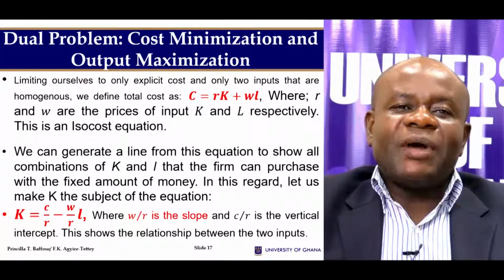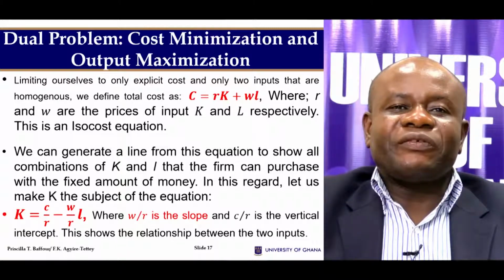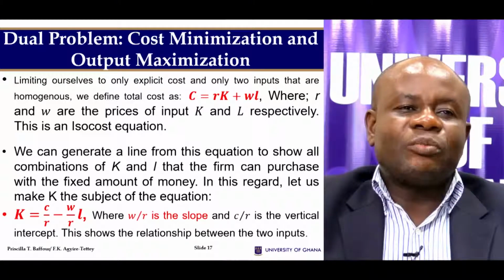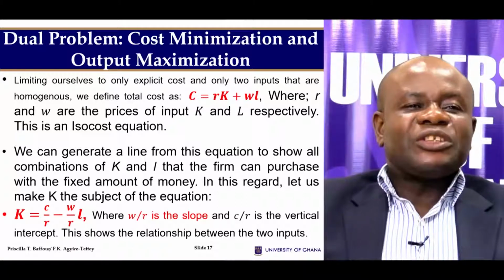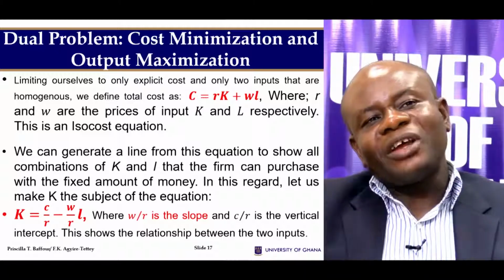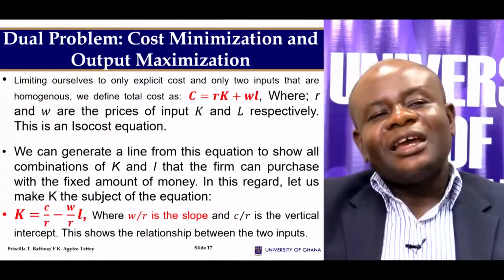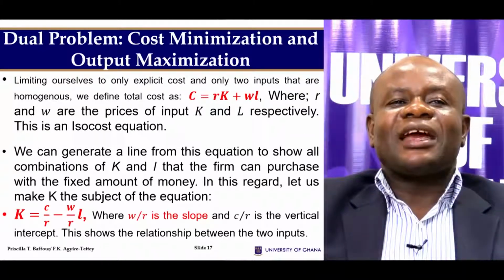While W divided by r, that is the price of labor divided by the price of capital, gives you the slope of our isocost. This isocost also shows us the relationship that exists between the amount of labor and capital. In other words, it shows us a trade-off between labor and capital.